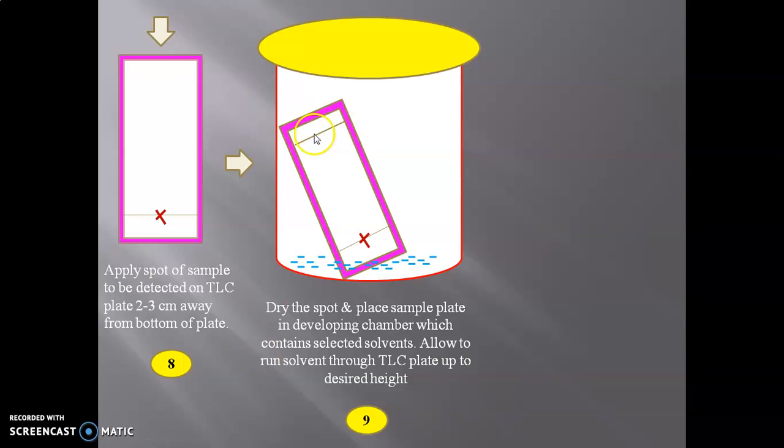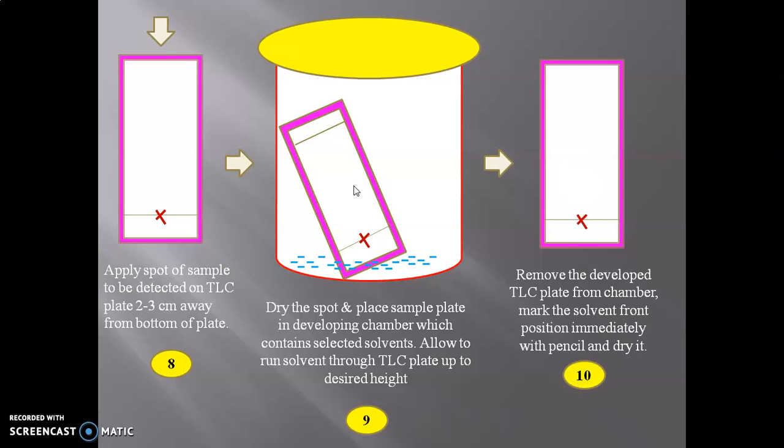When the solvent has run up to the desired height, remove the plate from the development chamber, mark the solvent front position immediately at the two corners with a pencil, and dry it.